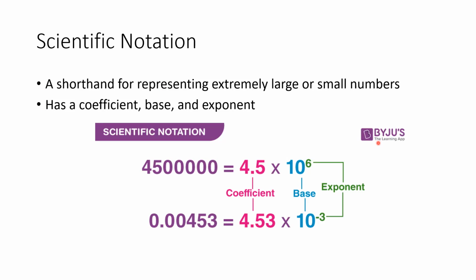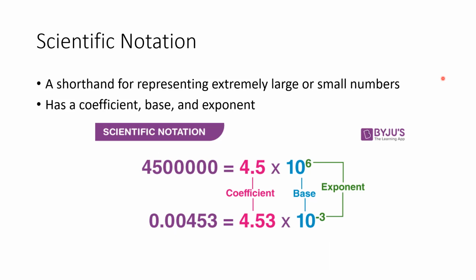And we've got a couple pieces to it, as we can see here. The first part being the coefficient, that's essentially just going to be the number. We'll see that's going to be just any number between 1 and 10, basically, or 1 and 9.9 repeating.